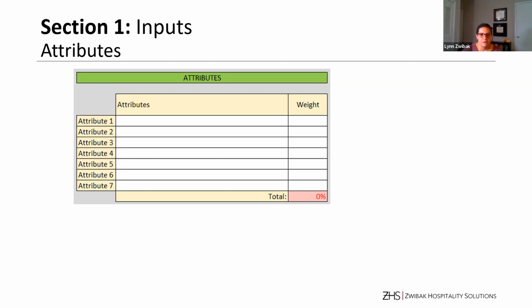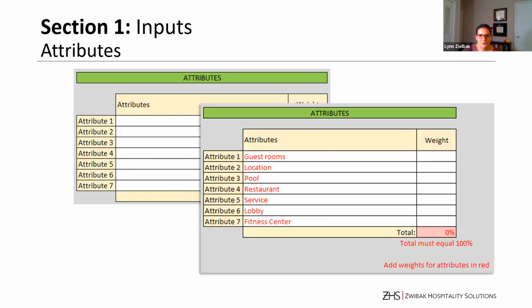Again, there's room for 7. You don't need to fill in all 7, but fill in as many as are relevant. For our sample hotel, I'm just going to go pretty generic: guest rooms, location, pool, restaurant, service, lobby, and fitness center. Yours will probably look very different than this.